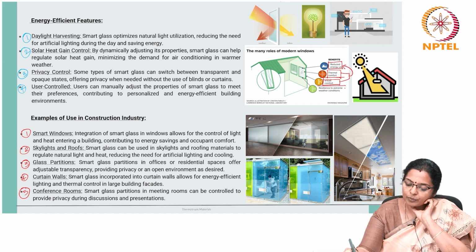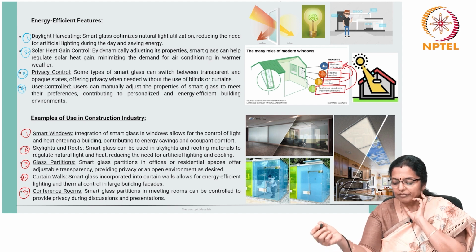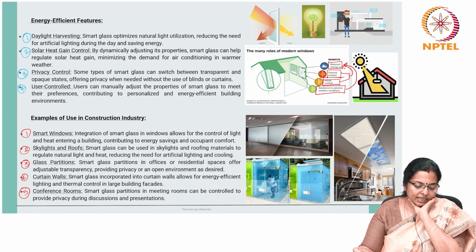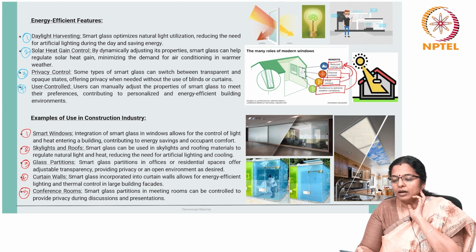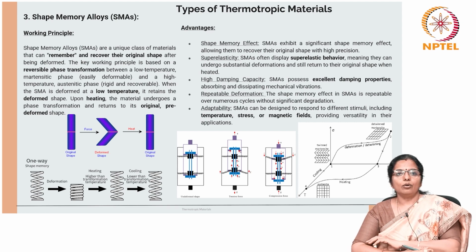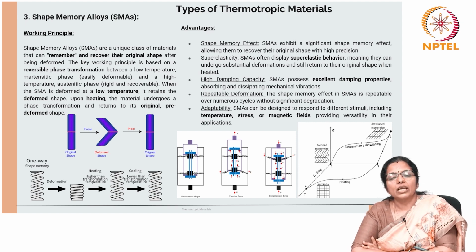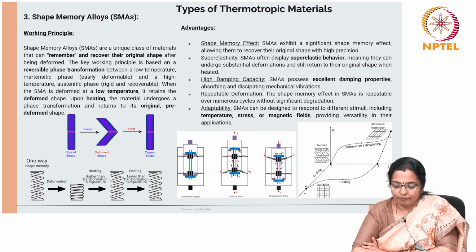The window has to be resilient to extreme weather condition, and that must also lead to an energy efficient window. In that context, use of smart windows can be very useful. Let us now look at the working principle of shape memory alloy as a thermotropic material.